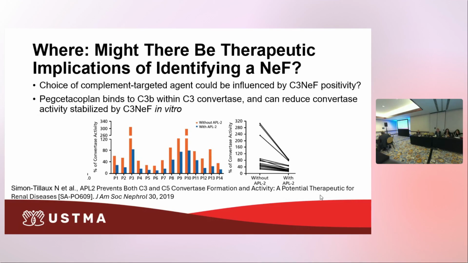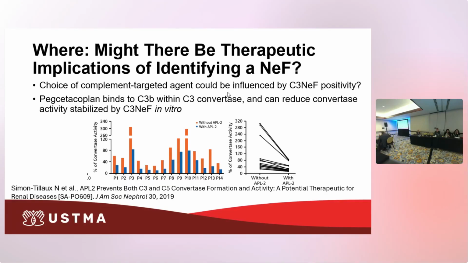I also want to leave a little bit of provocative data that there could be some implications in the choice of complement-targeted therapeutic. This was a poster at ASN a number of years ago where pegcetacoplan was used in vitro in patient sera from patients with C3G who had nephritic factors.